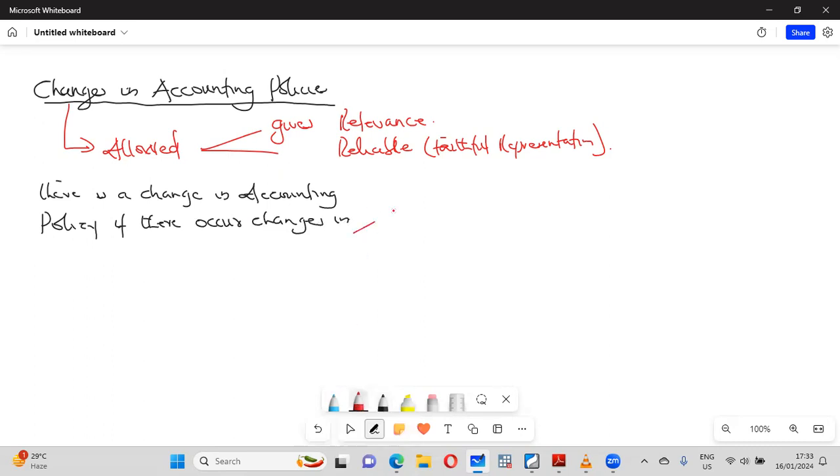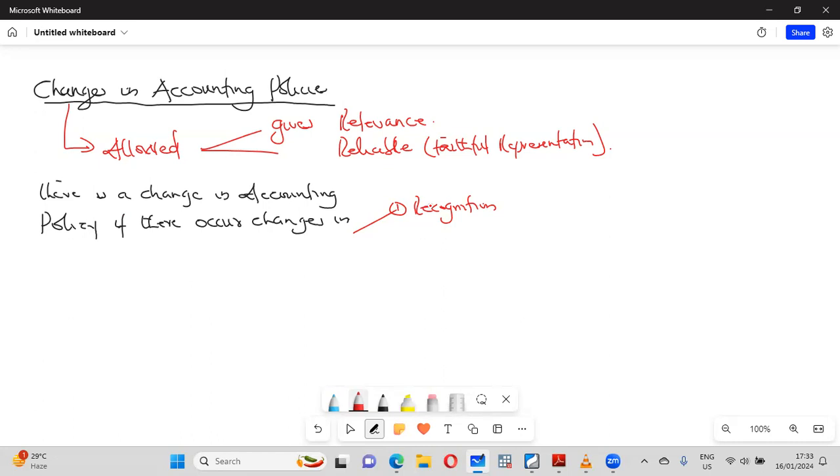Number one is what we call recognition. When we talk about recognition criteria, our focus is on the elements of financial statements: asset, liability, equity, income, and expenditure.